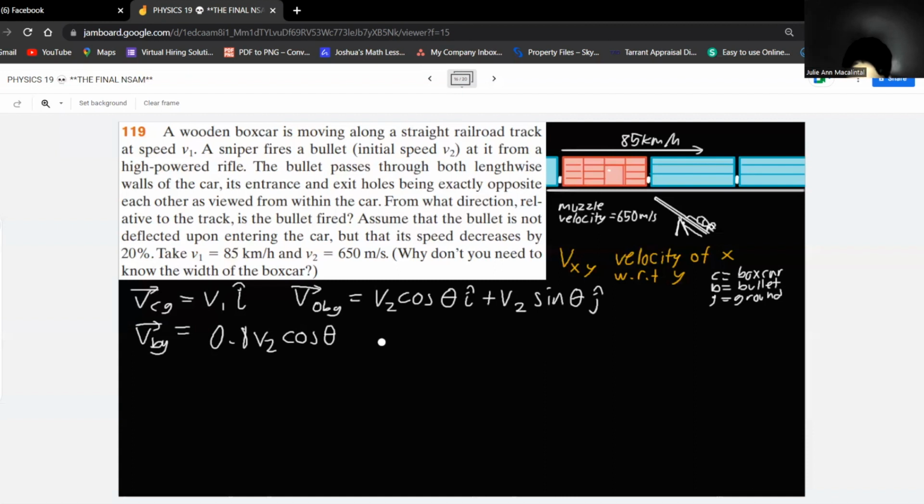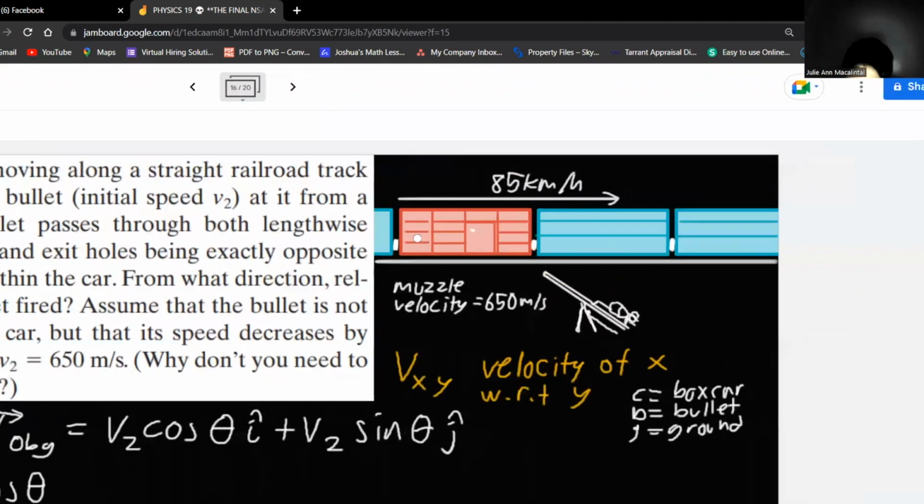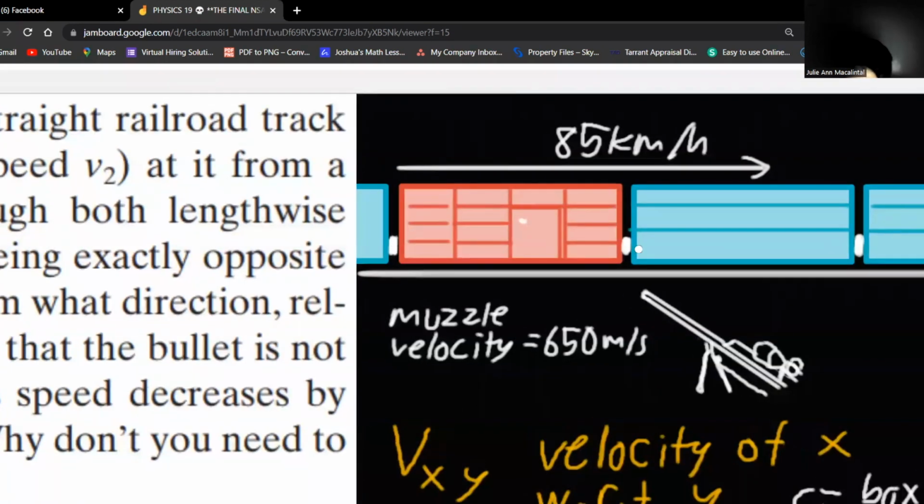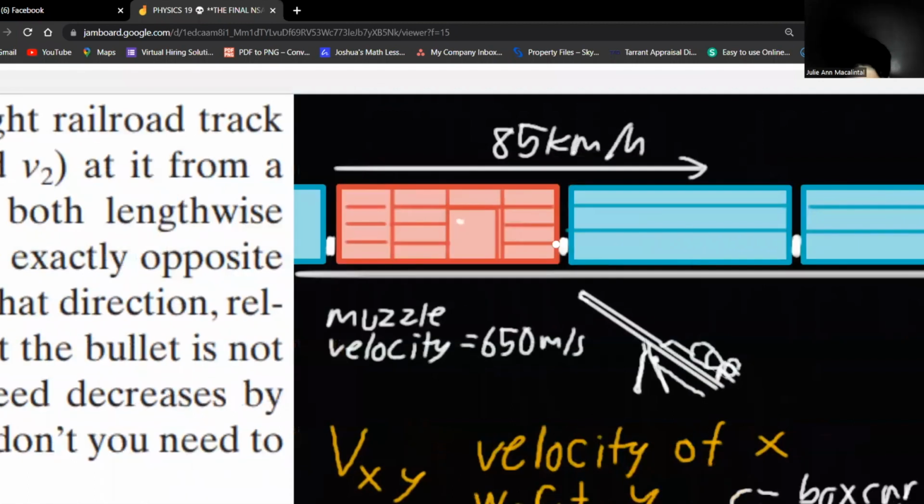Hindi, kasi yung where it was fired, di rin natin alam kung saan nanggaling, at if you ignore gravity, hindi siya magiging importante.